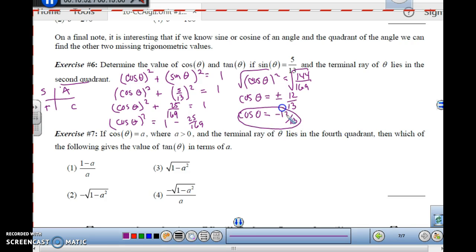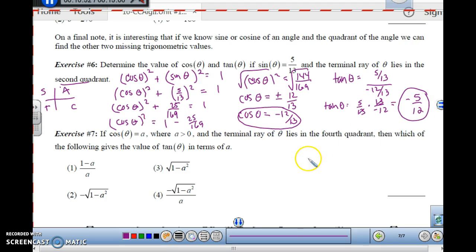So now we know sine is 5 over 13, cosine is negative 12 over 13, so tangent of theta will equal sine, which is 5 over 13, divided by cosine, which is negative 12 over 13. So tangent of theta will equal 5/13 multiplied by the reciprocal. The 13's cancel. Tangent of theta is equal to negative 5 over 12.